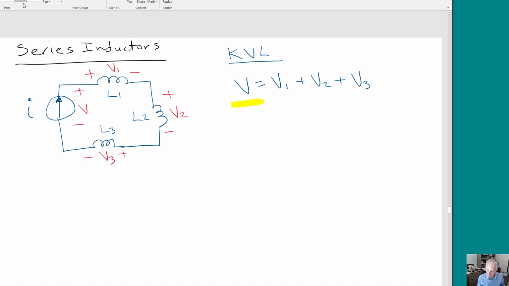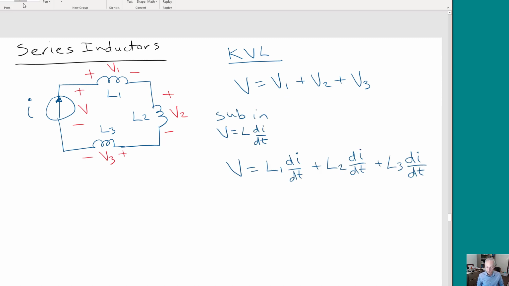Then we can write a KVL equation for that loop, and so it's just going to be V is equal to V1 plus V2 plus V3. That's pretty straightforward. And then if we sub in V is equal to L di dt, we get the below. So this is V1, V2, V3. Of course, each term has its own inductance value, because there are different inductors, so they're going to have different voltages.